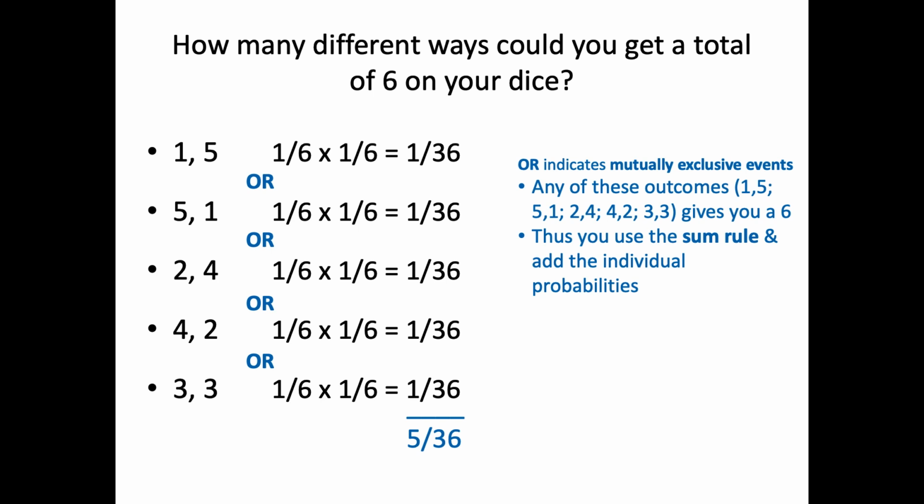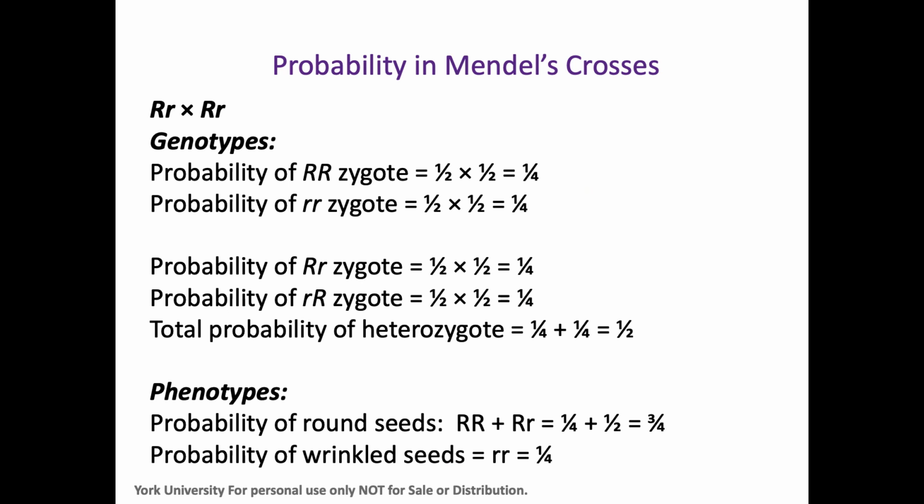You can apply these same general principles when you're dealing with genetic crosses. So if we come back to our simple single gene monohybrid cross, as shown here for the seed-shaped gene, we can begin by calculating the probability that the zygote will receive the 2 dominant alleles, one from each parent.